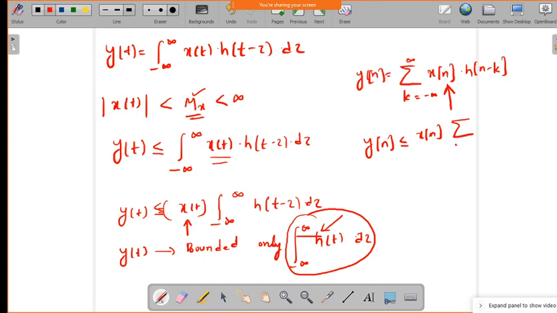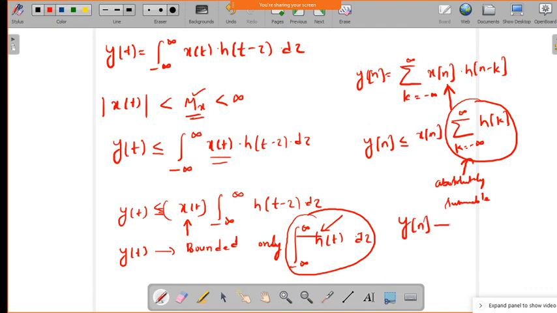Now when the impulse response is absolutely summable, then your output is bounded. That means if you sum all the impulse response values and it gives a finite value, then your output will be bounded.